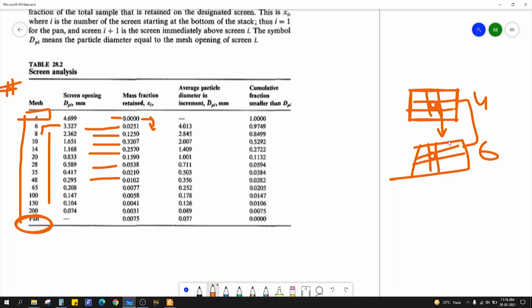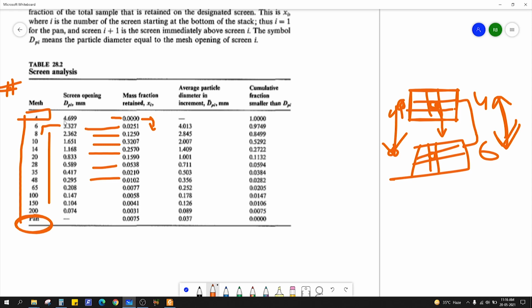So we have to exactly find out the average particle size in this increment. If you are moving from mesh 4 to mesh 6, then the average particle diameter will not be equal to simply this. It will be the average of these two openings. Since we have mesh 4 and there is no mesh above it, there is no average here, right?